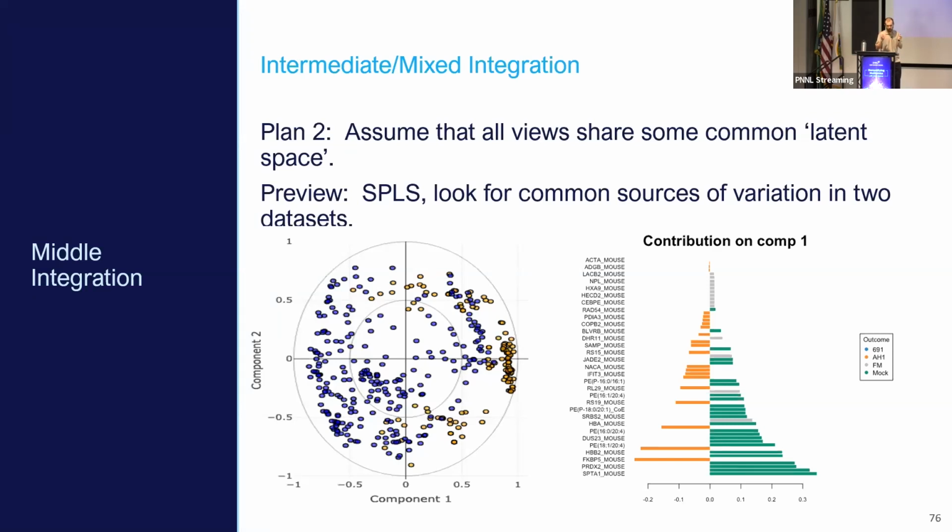What parts of the underlying biological system does it capture? You would look at this and say, okay, these orange ones weight heavily on the first component. These are the biomolecules that are heavily represented in that component.